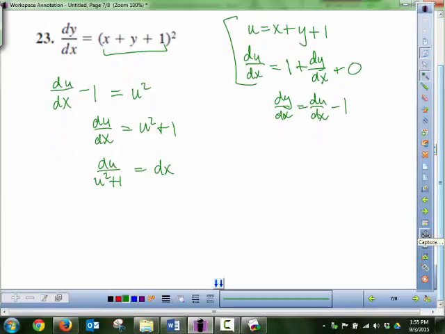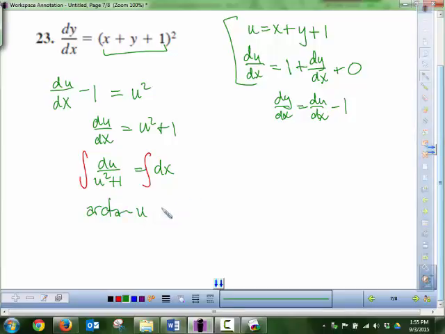I want the integrals in red. You guys remember what the integral on the left-hand side is? Arctan. The integral of 1 with respect to x is just x, and now is the time for a constant.